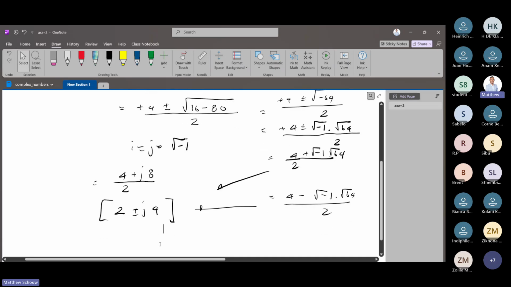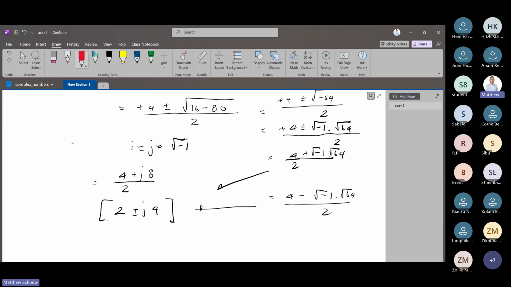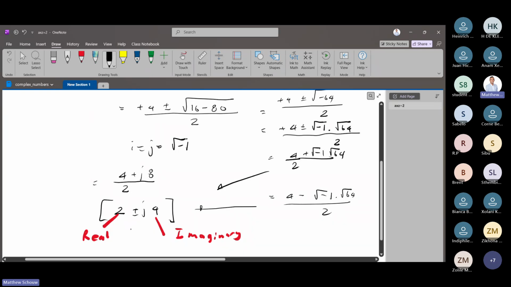What is important to note of a complex number is that there's something called the real part and something called the imaginary part. So that over there is a complex number. A complex number is a two-dimensional number, not a one-dimensional number. Super important.